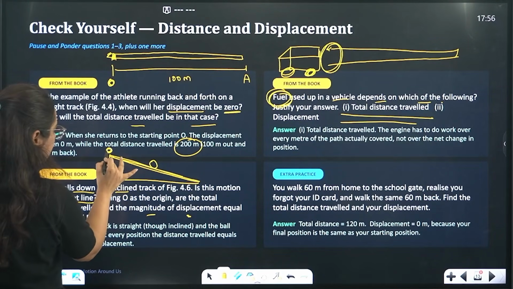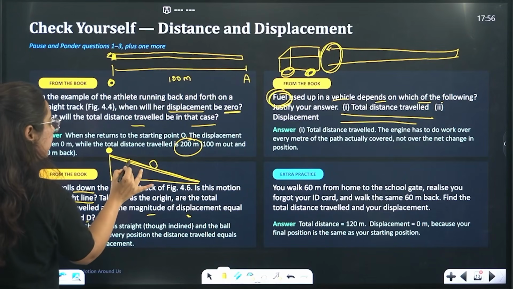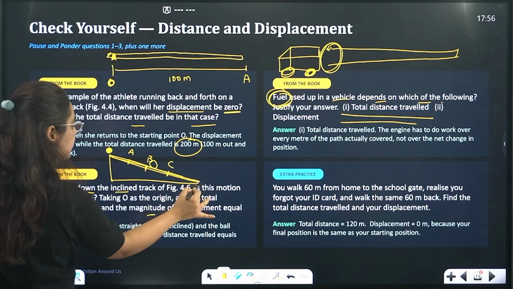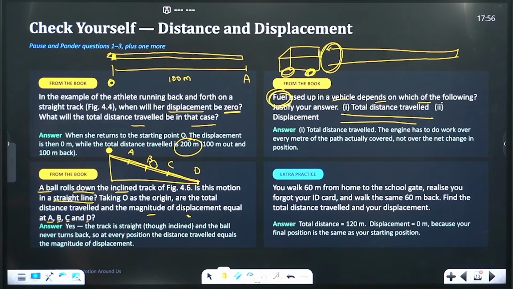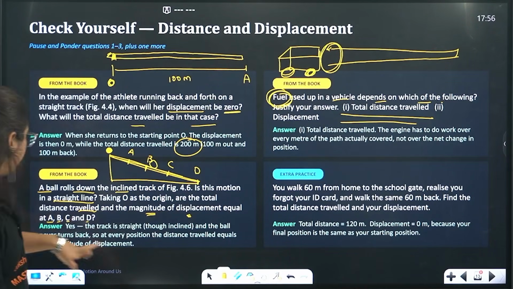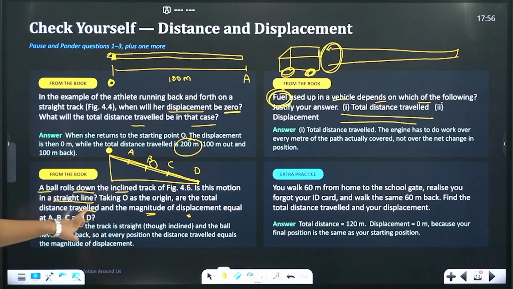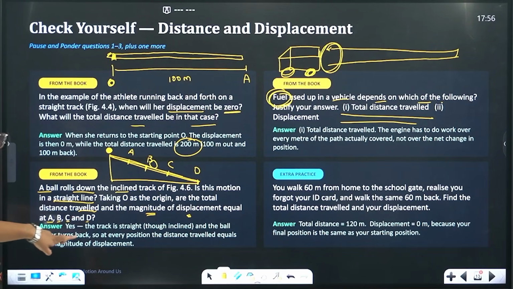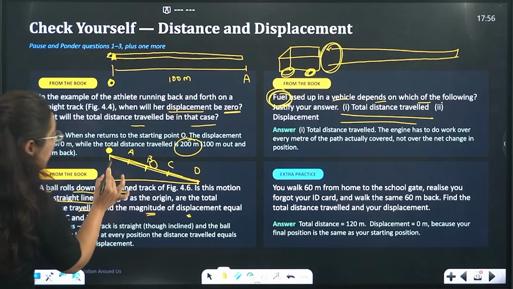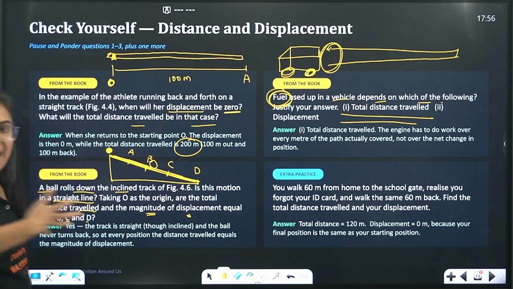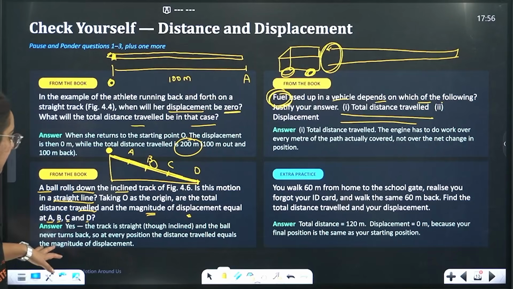So the ball started moving, reached A, then B, then C, D. They are asking whether the distance traveled and the magnitude of displacement are equal at A, B, C, D. Yes, because the track is straight and the ball never turns back. They have told you it is an inclined track because the ball can't come back by itself until a force is applied on it.